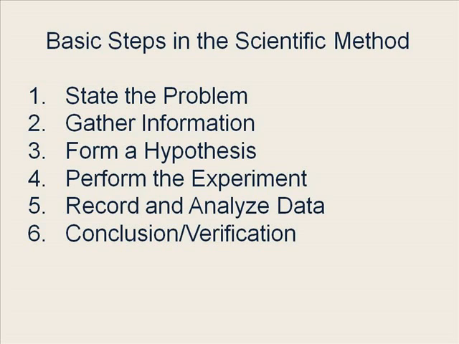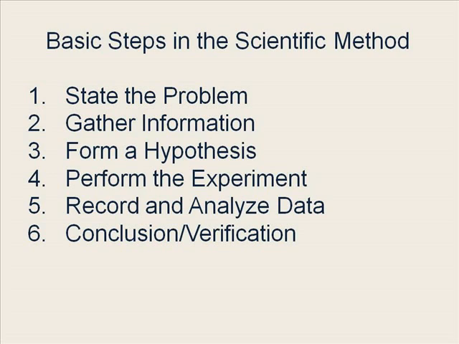Number 1, we have to have a problem or a question. Number 2, we will gather information about what we already know or what we may not already know about the problem or topic we have to question. Number 3, we're going to form a hypothesis. Number 4, we're going to perform the experiment.